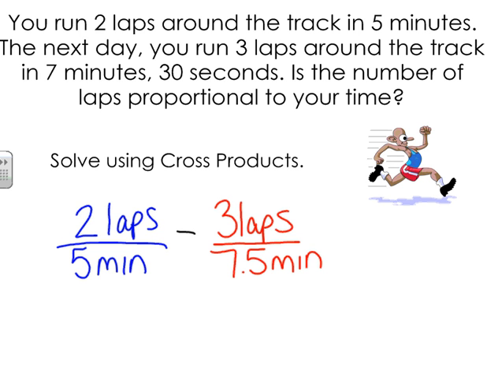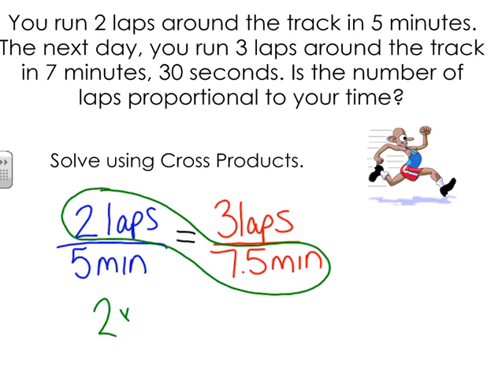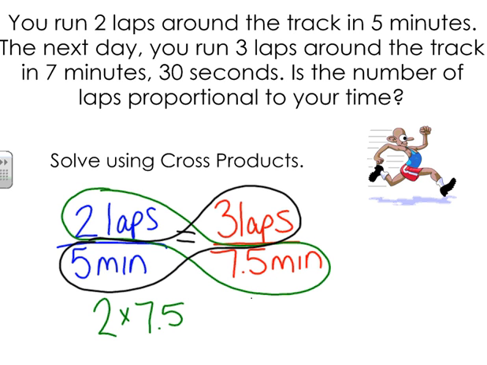I'm going to test to see if these are proportional using cross products. So I'm going to multiply 2 times 7.5. Next, I'm going to multiply 5 times 3. And now I can just simplify.